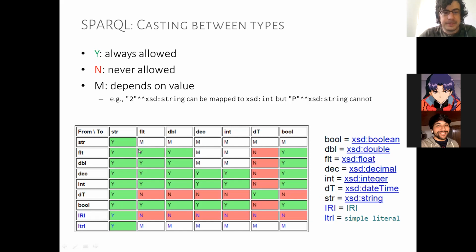So we see that we can have some casting between different types. I won't go through the entire table, but we can cast in certain cases to different data types, and we can always cast things to strings to get their string value. So an IRI, for example, if we cast it to a string, it just basically means we get a string that has the IRI rather than an IRI type.